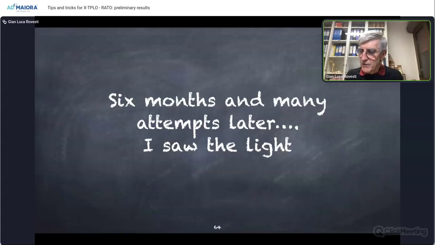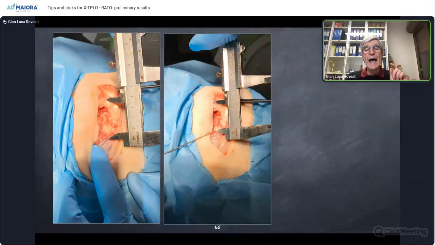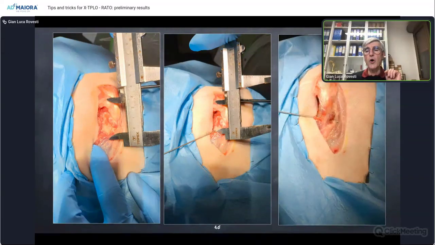I was very determined and I saw the light. How? We know the distance at which we should perform the cut in order to achieve the abduction that we need. And at that distance, we will insert a K-wire as close to the lateral cortex, of course, of the femur as possible.